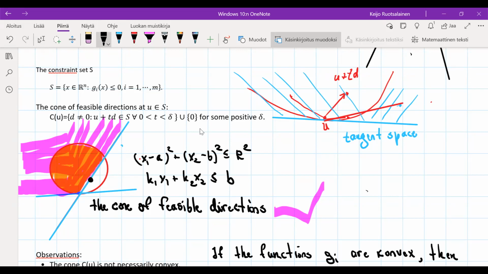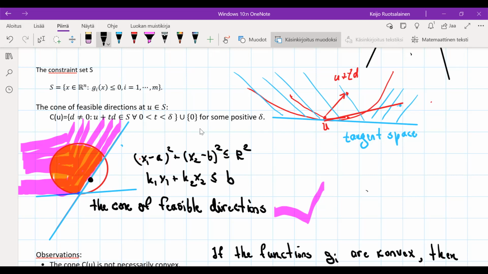But the second constraint is active because it's on the boundary of the half space, since the equation of the line is satisfied. So one of the constraints is active and one is inactive.